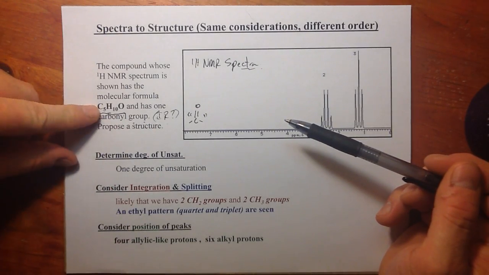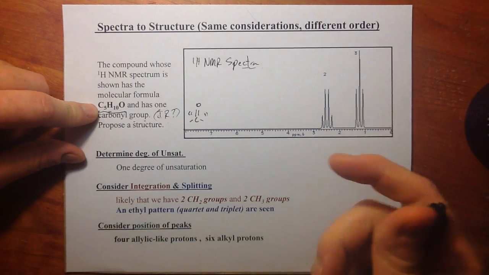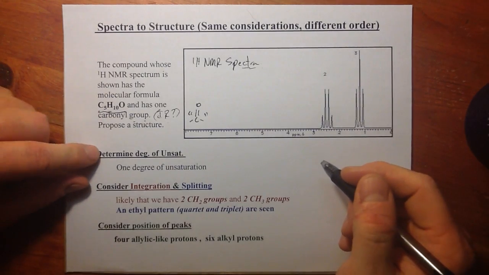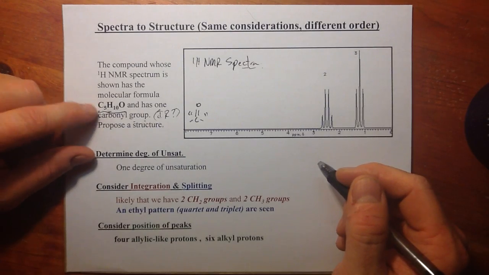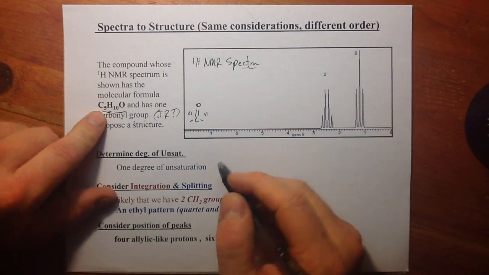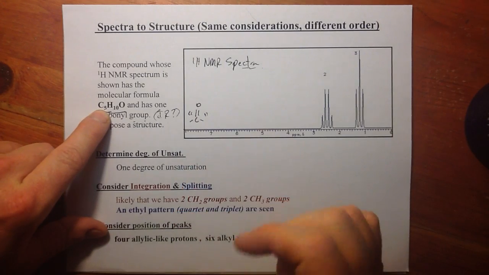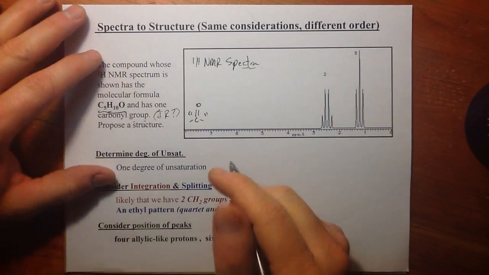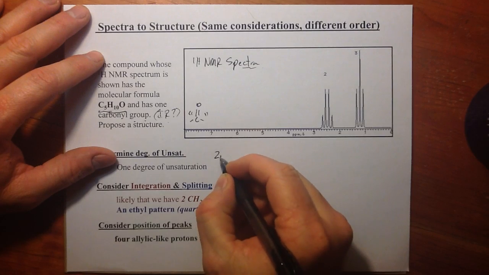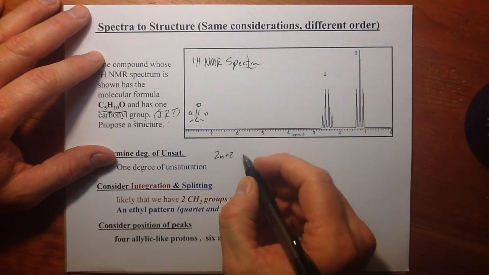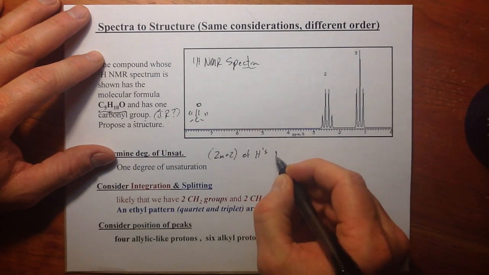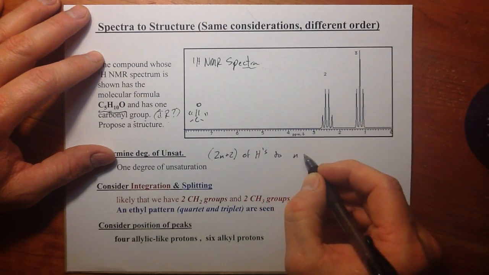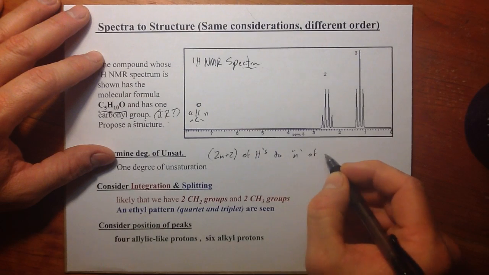First thing, if they give you the formula or you determine the molecular formula, you can determine the degree of unsaturation or degree of hydrogen deficiency. We can do that by taking the number of carbons and knowing that if we had no pi bonds or rings, we would have a 2n plus 2 relationship of hydrogens to n carbons.